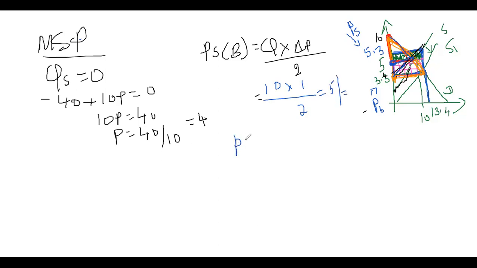Then producer surplus after: Q into delta P over 2. Here the Q will be the new quantity, 13.4. Delta P is the new seller's price minus the minimum supply price. Understand this area.